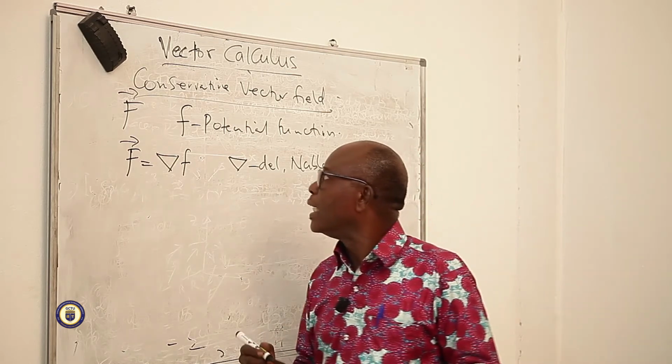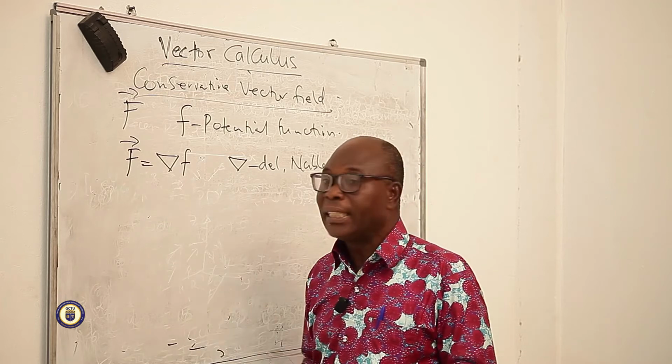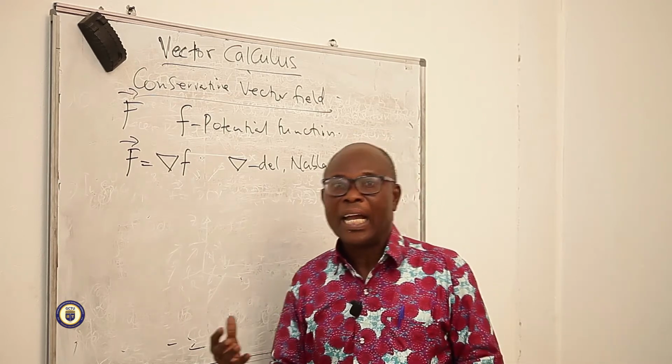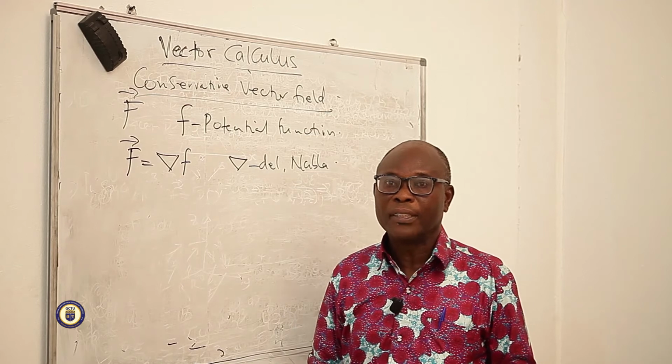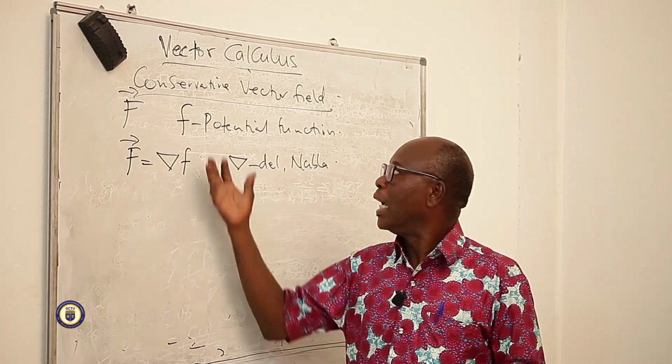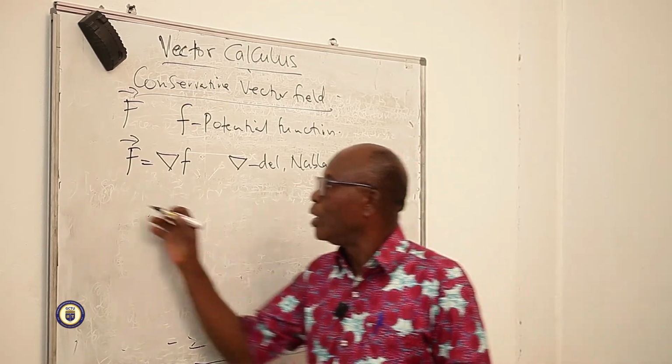Let's see how we generate a conservative vector field from a given potential function. Let's take an example.